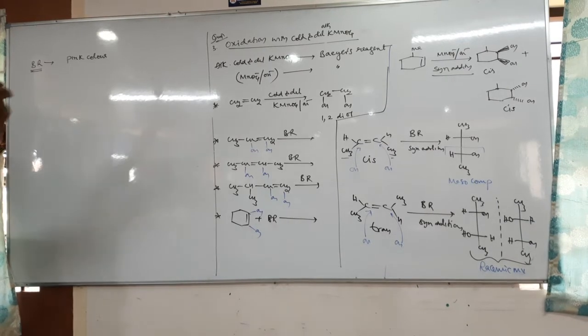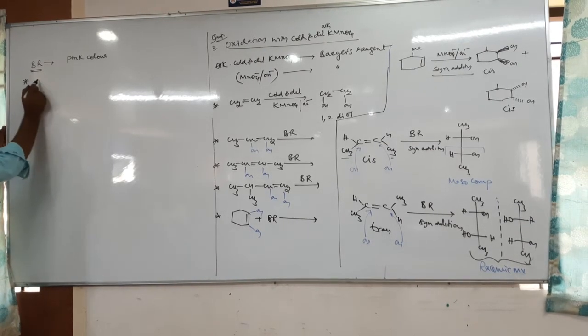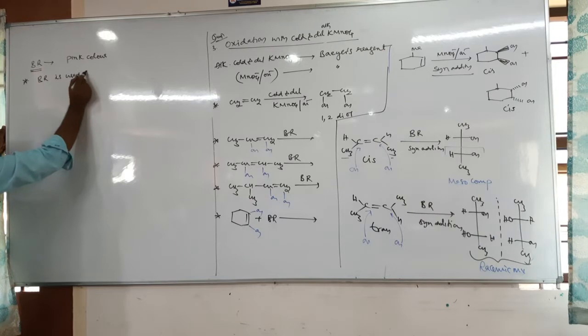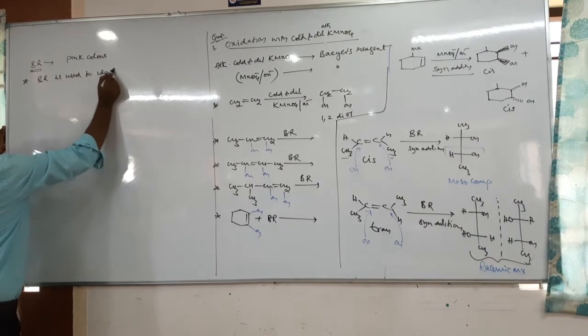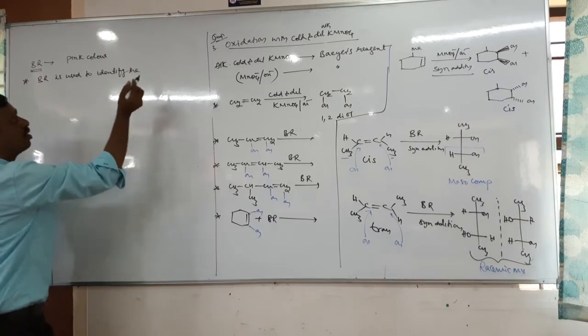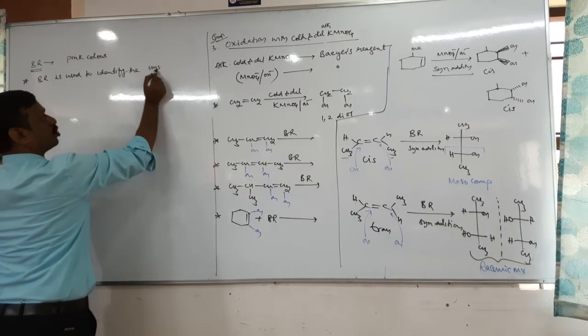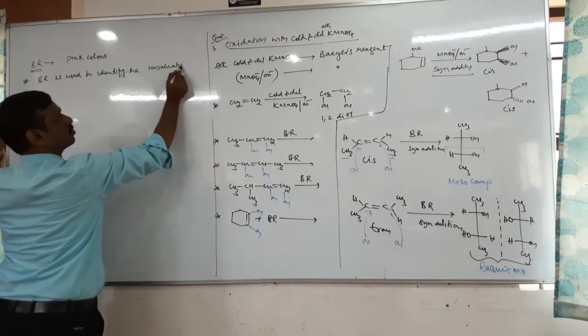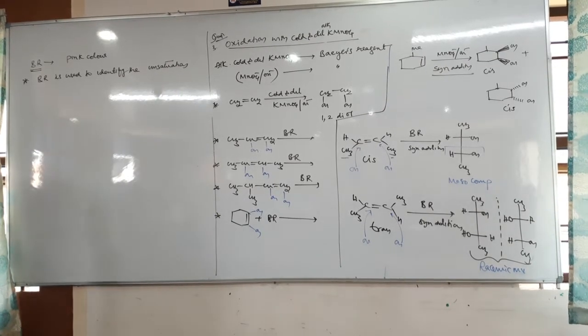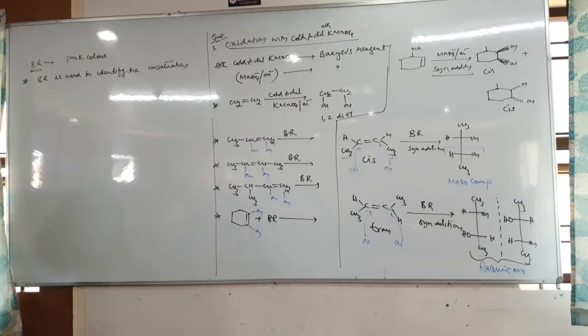Okay. Therefore, Bayer's reagent is used to identify the unsaturation. How?